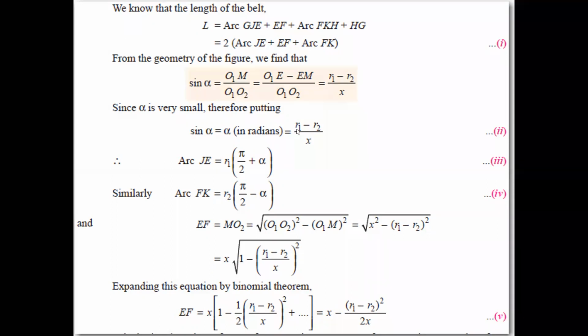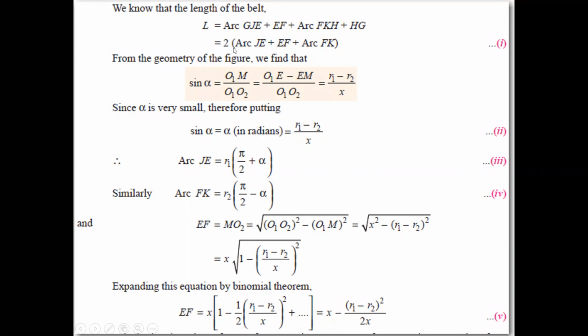O1M is also written as O1E minus EM, by O1O2, which equals R1 minus R2 by X. Here sin alpha is very small, so we substitute alpha for sin alpha. So alpha equals R1 minus R2 by X. Let us take this as equation number 2.